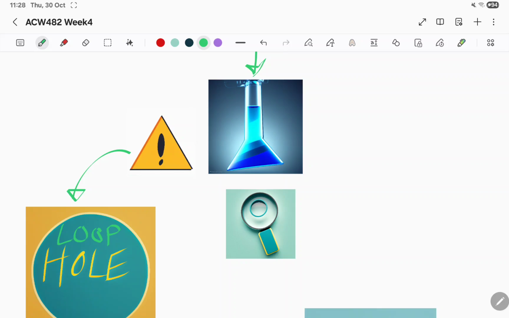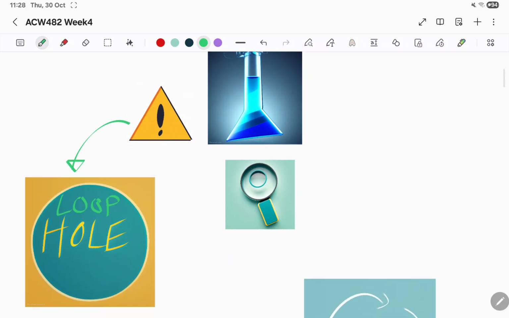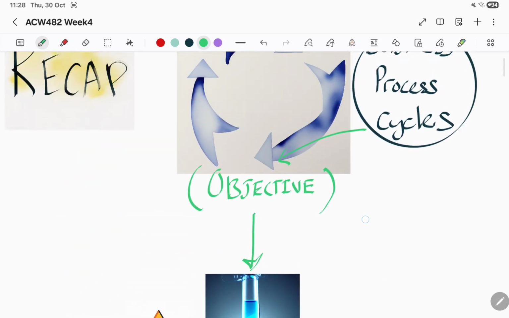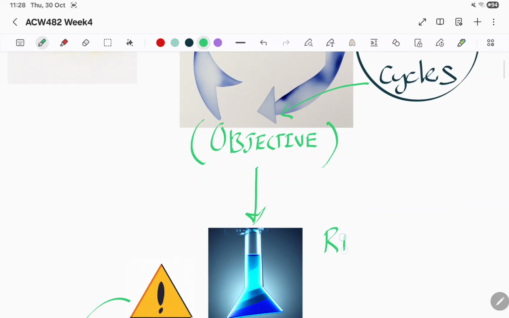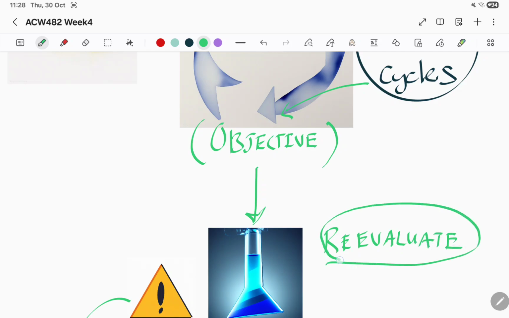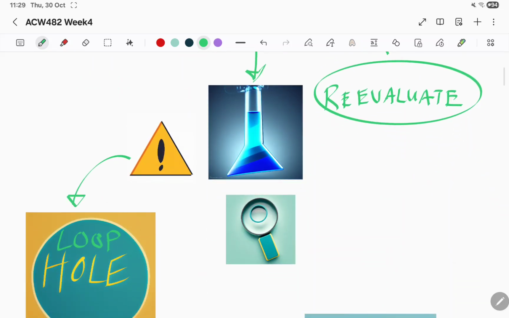And the first possible reason that will cause us to reevaluate our business process is none other than a loophole. This is the first one over here.